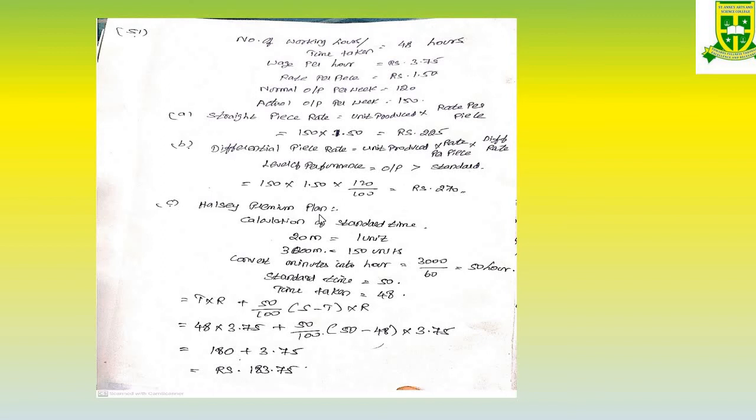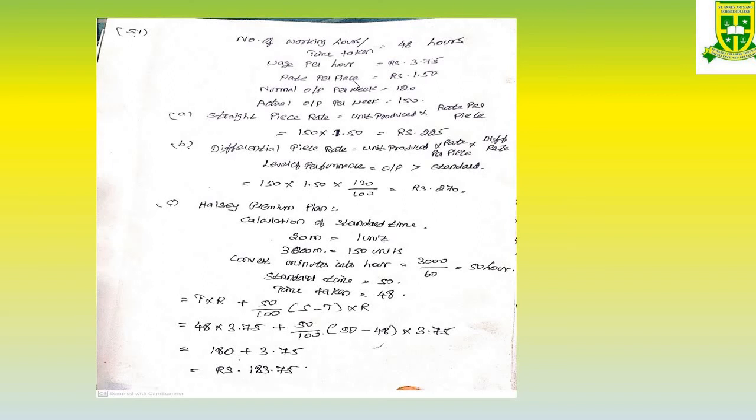We need two or three pieces of information: first is actual time, standard time and rate per hour. We know both the actual time, 48 hours, and the rate per hour, 3.75. To calculate the standard time, the only information given is that they are taking 20 minutes for production of 1 unit. That is the standard time information.